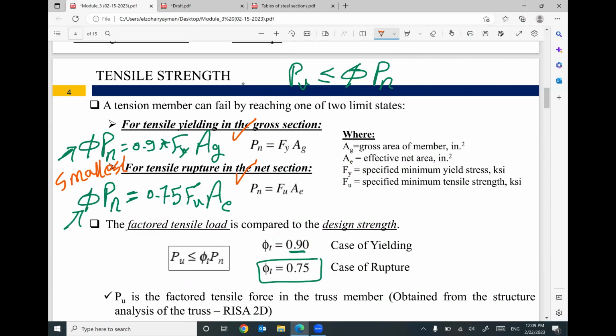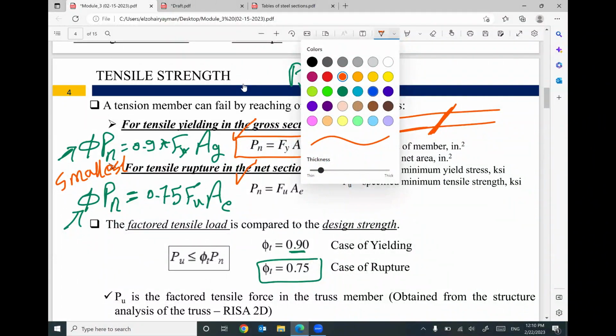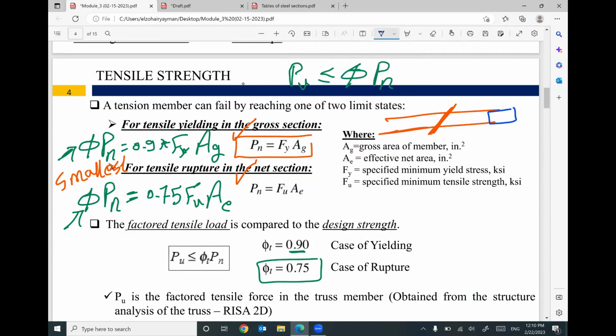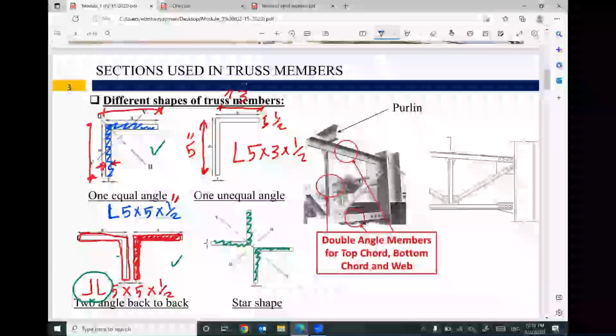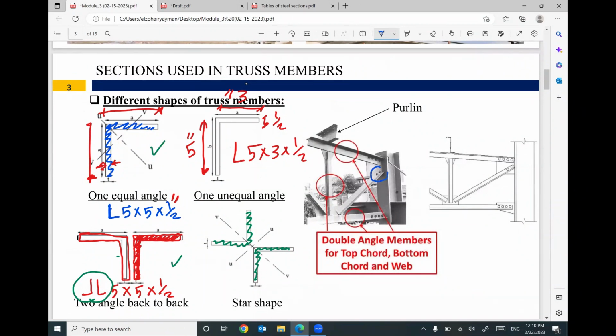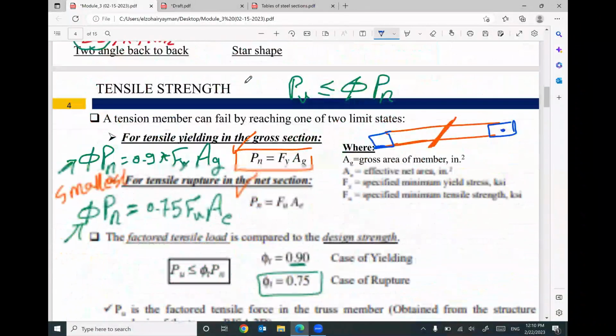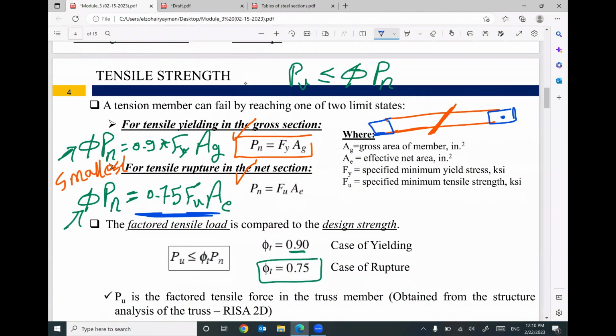The first one is yielding. The first criterion is talking about the member at the mid distance here. The second one is mainly talking about the member at this connection and this connection. As you know, if you look at this picture, your member is connected at this end, and connected at this end. If you are talking about this position or this part of the member, the second criterion is talking about this case.